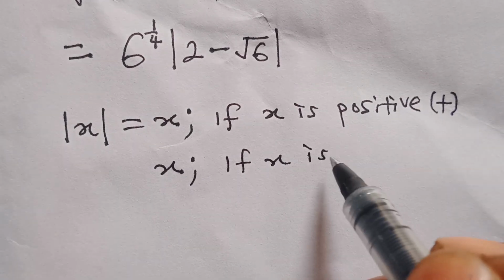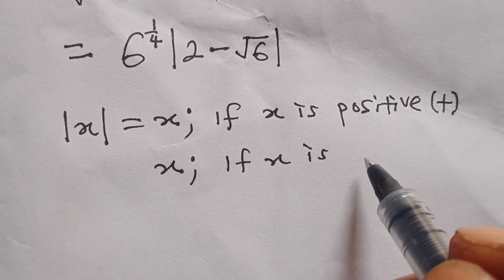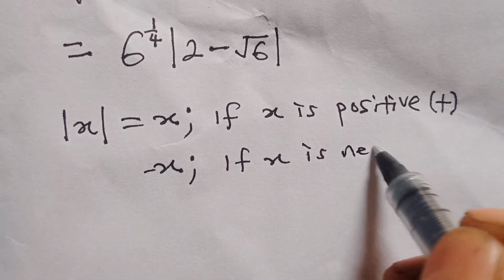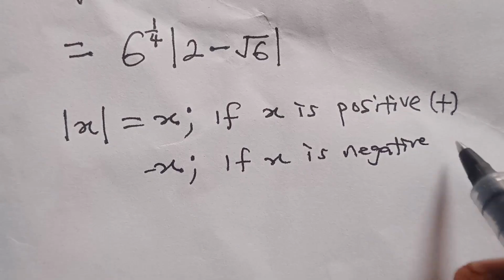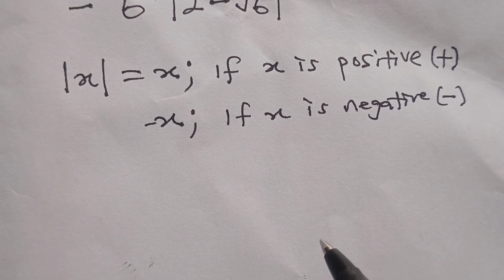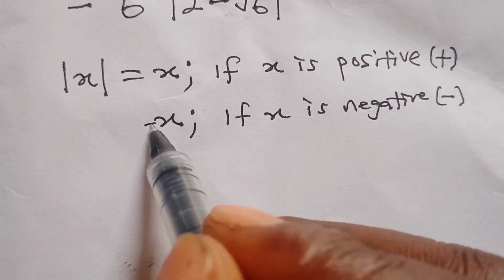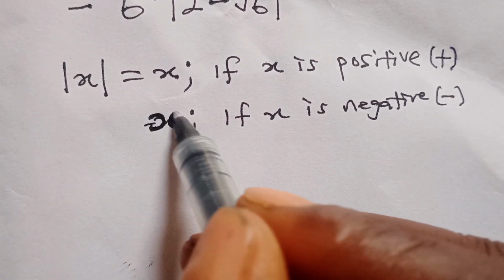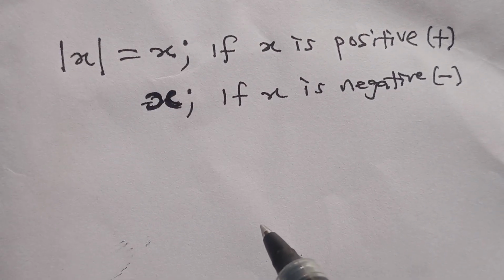And if you look at our value critically, you will see that 2 minus square root of 6 is greater than 0. So, therefore, whatever you have inside the absolute value will be positive.